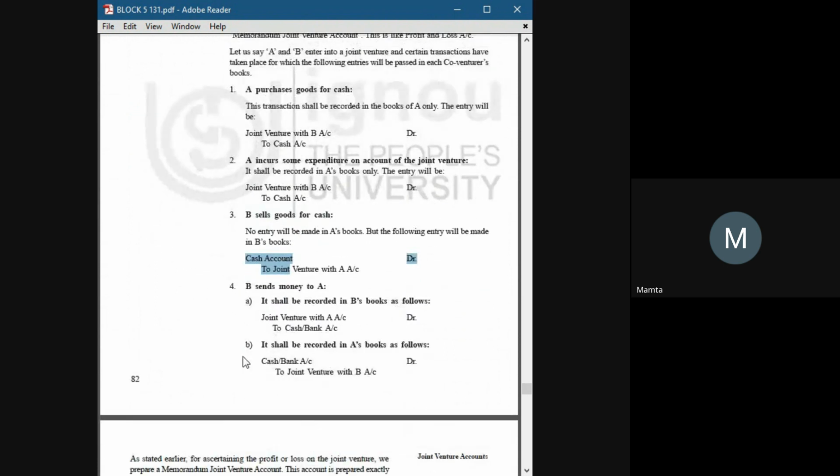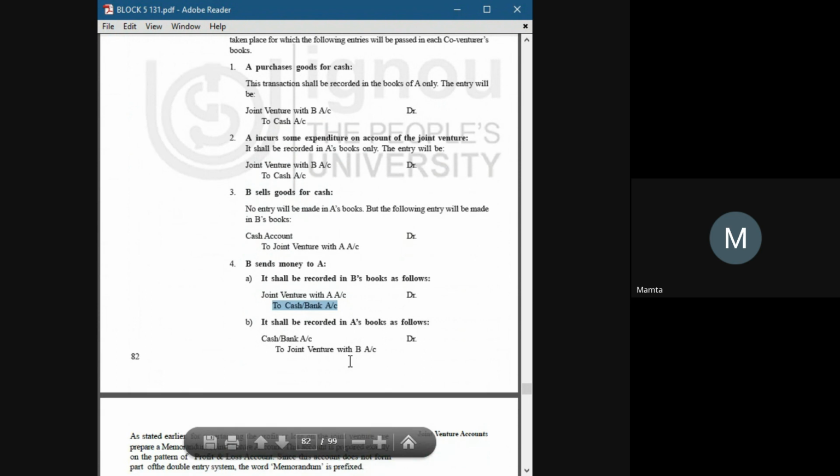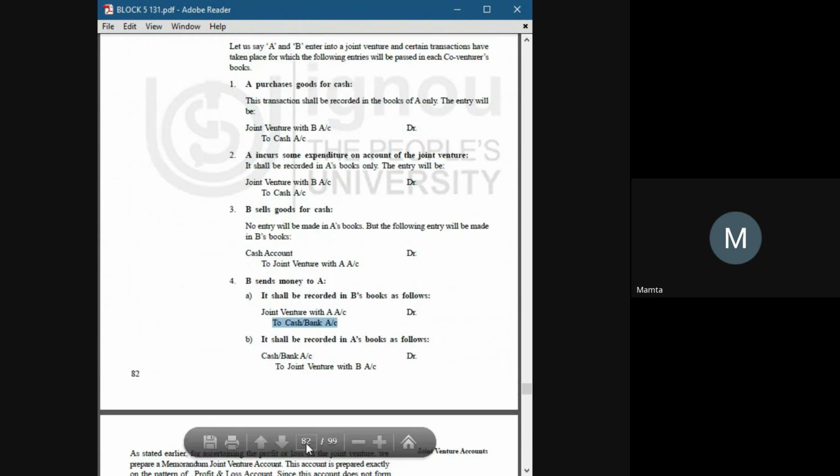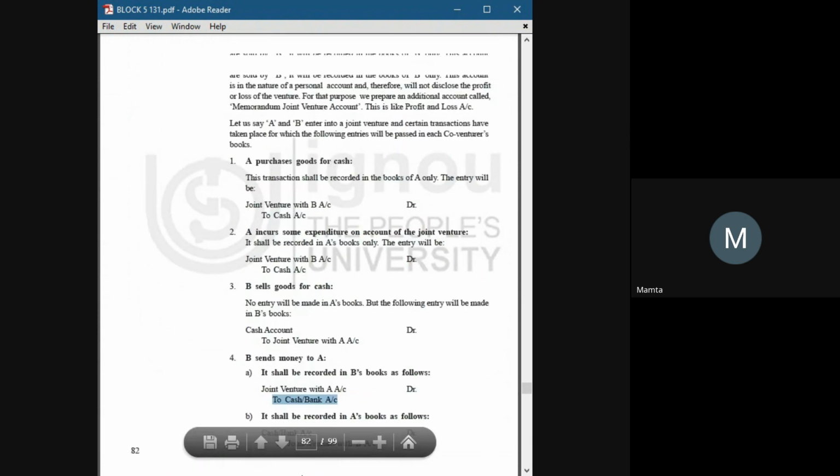B sends money to A. It shall be recorded in B's books as follows: joint venture with A account debit to cash account. And in the books of A, A is the receiver of cash, so the cash or bank account debit to joint venture with B's account. These are the simple entries we need to pass in the memorandum joint venture account.